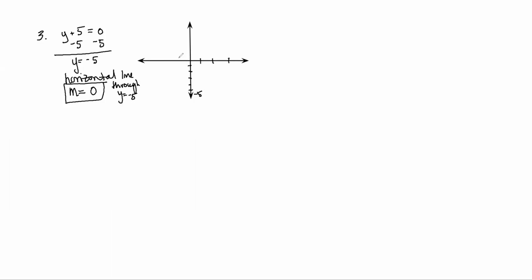And then it doesn't really matter how far left or right we go, so I'm just going to put some random tick marks there. So we're going to have a horizontal line through y equals -5. We have a horizontal line passing right through -5. So these ones are pretty nice as long as you have those kind of memorized.